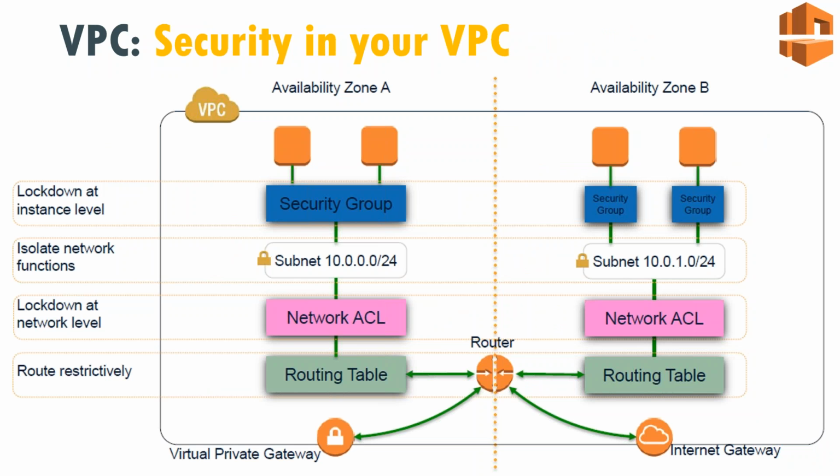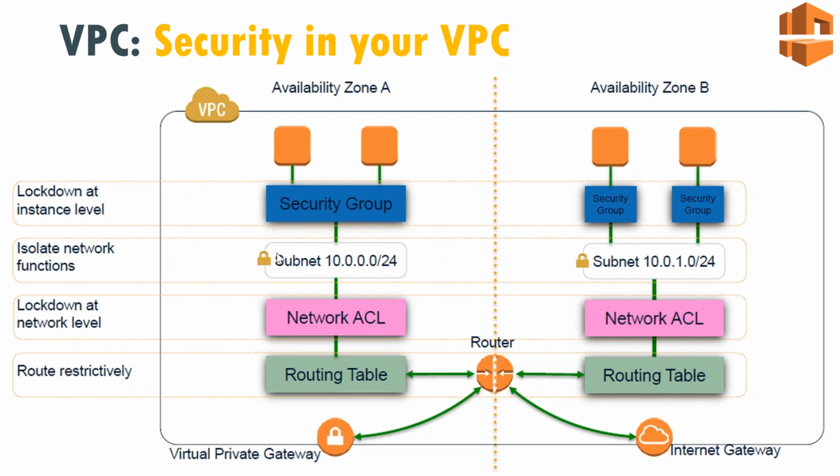So this is the entire logical structure of your VPC. You can see here there are two availability zones and there are two resources, and you have the security group that is available for the entire availability zone in A, whereas you have multiple security groups you can configure that are customizable, as you can see here.